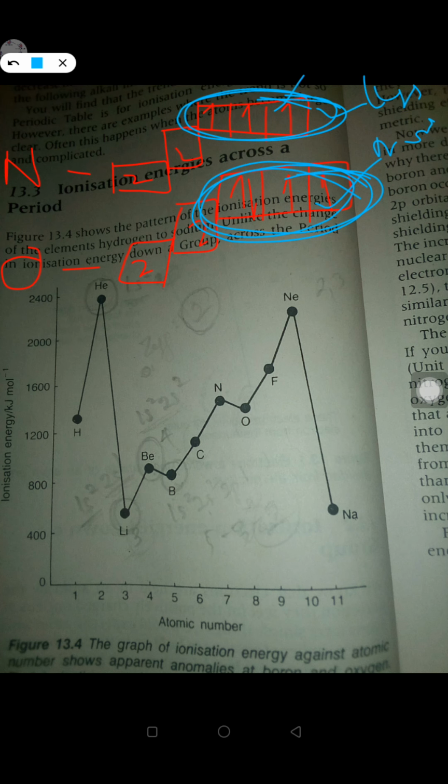It implies that the increased electron repulsion in the 2px, 2py, and 2pz orbitals of oxygen reduces its ionization energy.